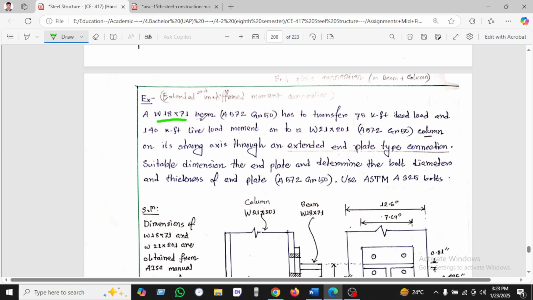W18 into 71 beam, grade 50, has 2 kip per foot dead load and 140 kip live load. The column is W21, strong axis, through an extended end plate type of connection. So it is also called moment connection design.